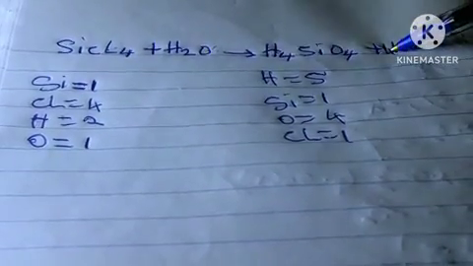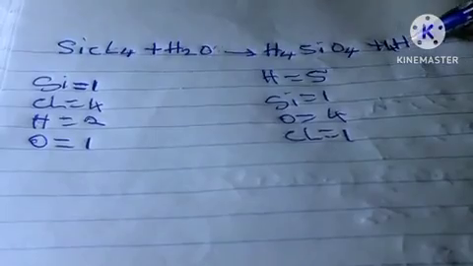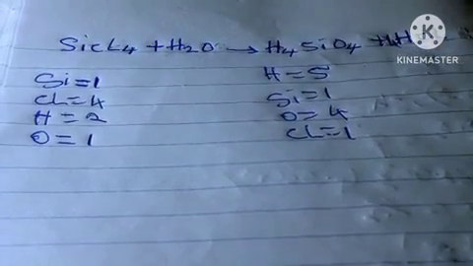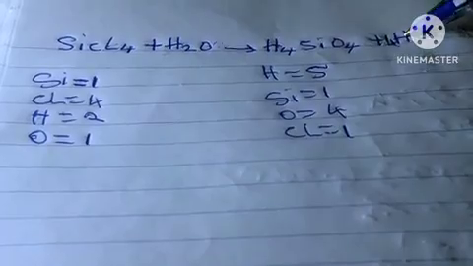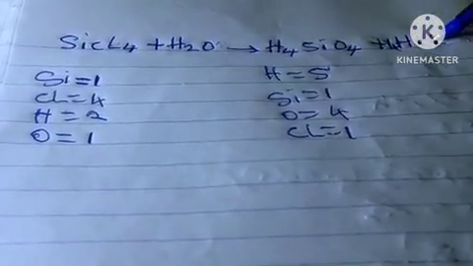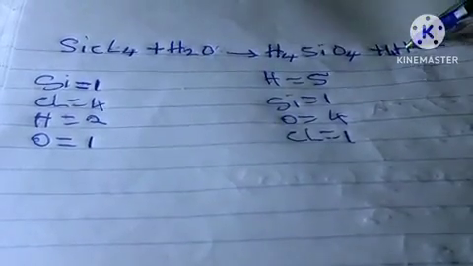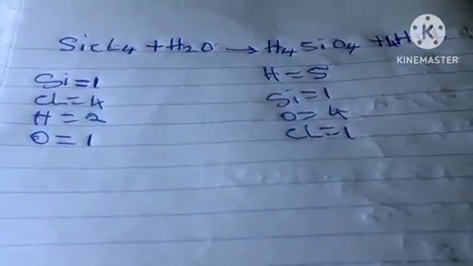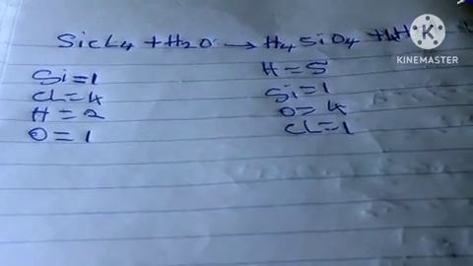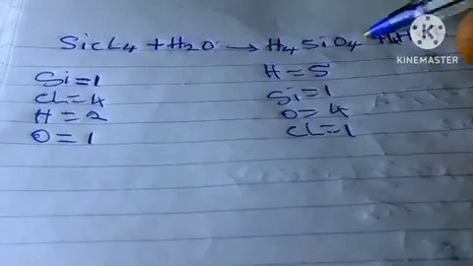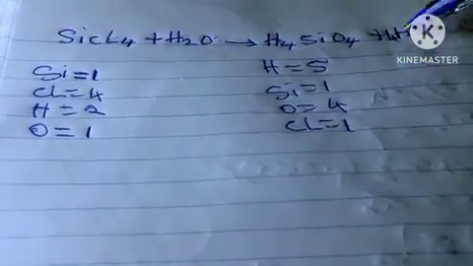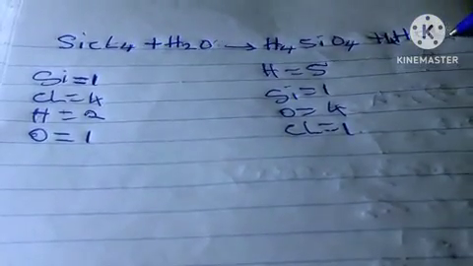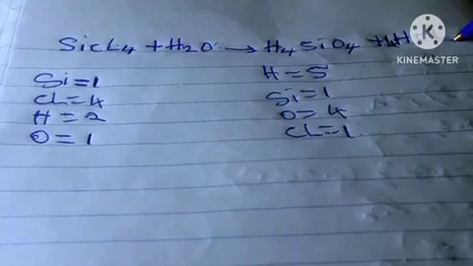This 4 is affecting both hydrogen and the chlorine. Please listen attentively so you won't miss the steps I'm taking. So meaning that hydrogen has 4 atoms now, also chlorine has 4 atoms now. So 4 multiplied by the 1 atom we had before.